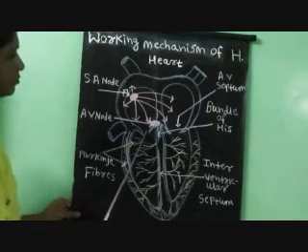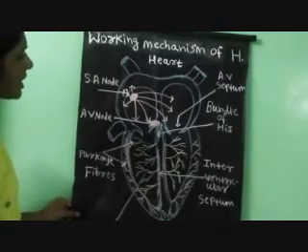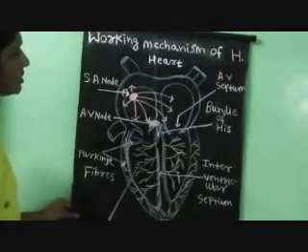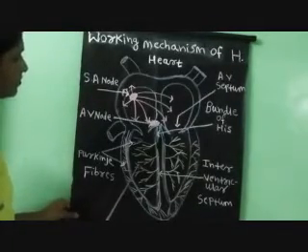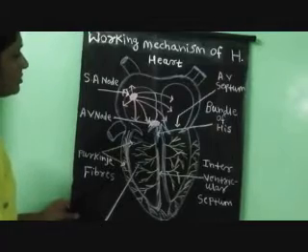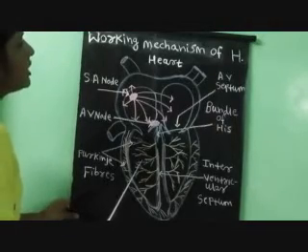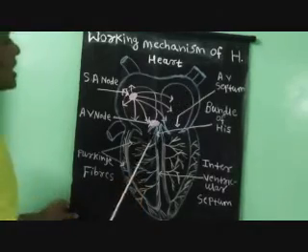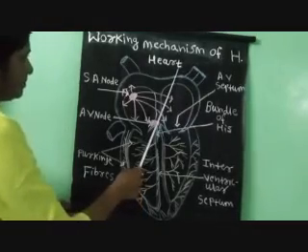After that, when these ventricles are under systolic condition, blood travels into pulmonary aorta and systemic aorta.